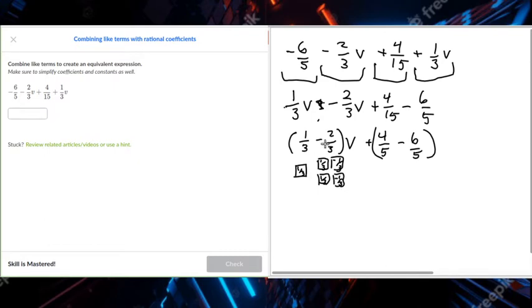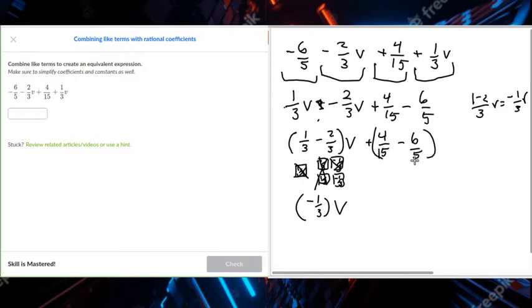So now I'm going to subtract 2/3 here. Subtract those out, and I have a zero pair. So that means I've got negative 1/3 left. And 1 minus 2 is negative 1. So we could look at it like 1 minus 2/3 v equals negative 1/3 v. Okay? That's another way to look at this.